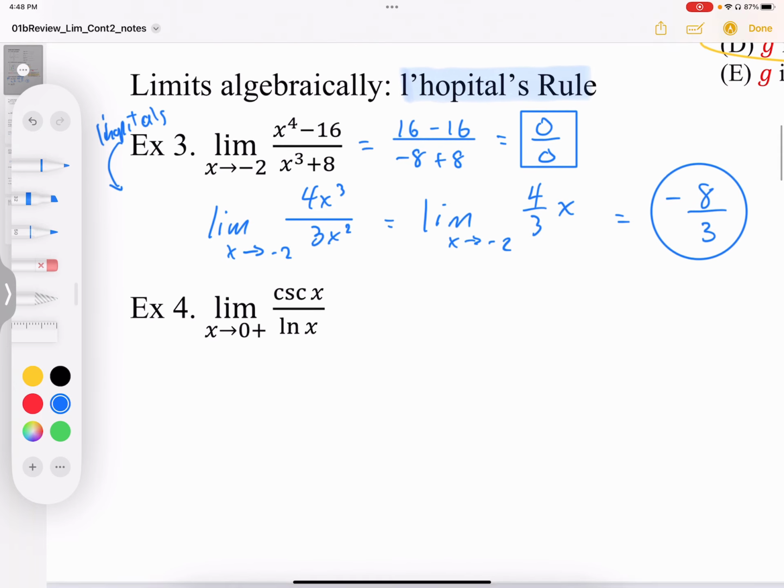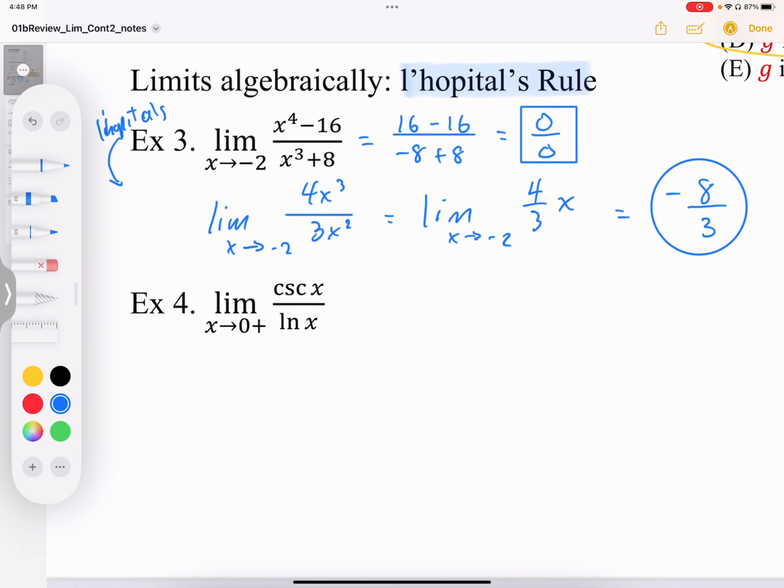In this next example, we have the limit as x goes to 1 from the positive side of cosecant x times log x. Before I plug this in, I'm going to rewrite the cosecant as 1 over sine, because it might be easier to evaluate. As I plug 0 in, sine becomes 0 from the positive side, so it's basically dividing by 0 from the positive side.